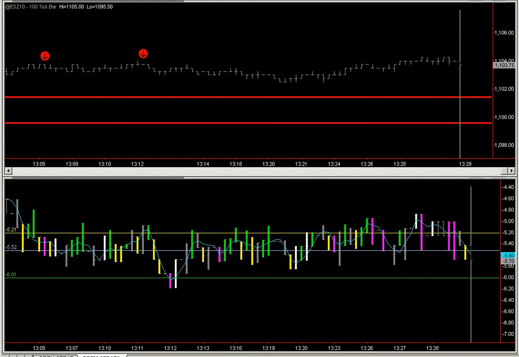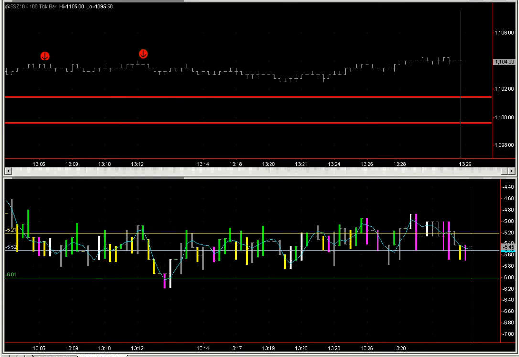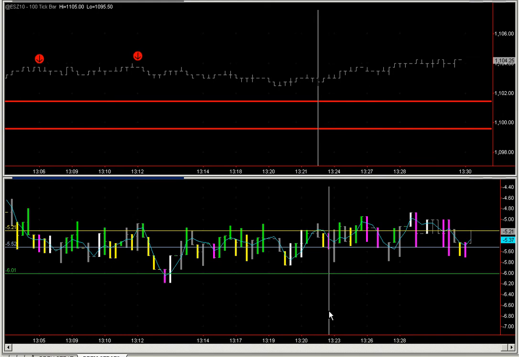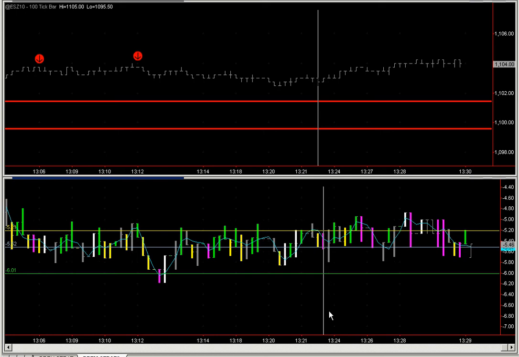So what we're doing with this new indicator, which is shown on this particular chart, the indicator allows us to predict where the spoos are going to go before it happens, as well as know when to take a trade.